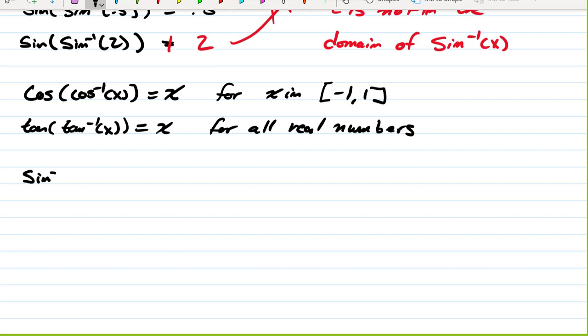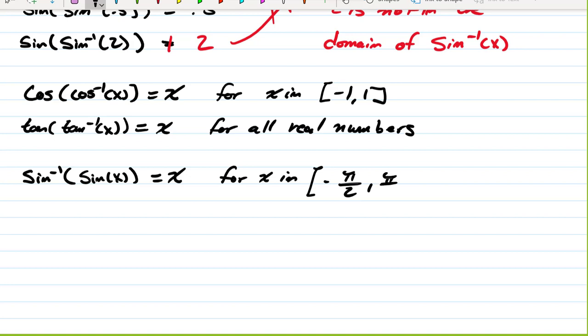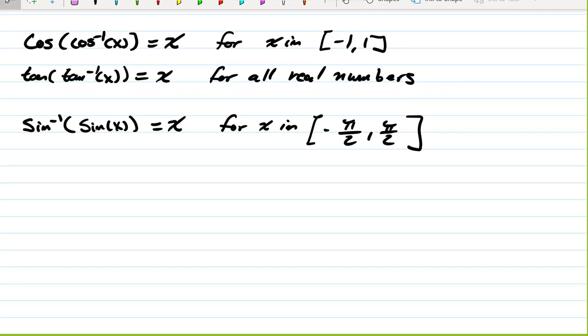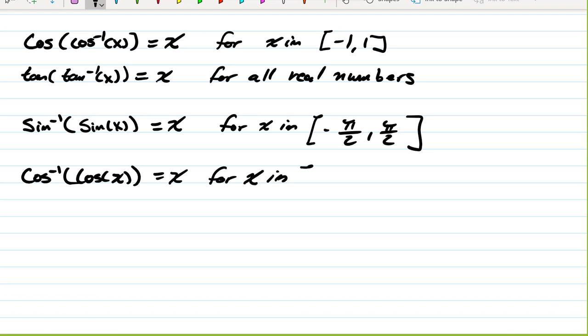If we have the sine inverse of the sine of x, this is equal to x for x in -pi/2 to pi/2. For cosine, the cosine inverse of the cosine of x is equal to x for x in 0 to pi.